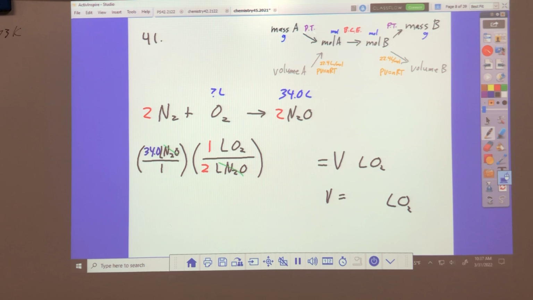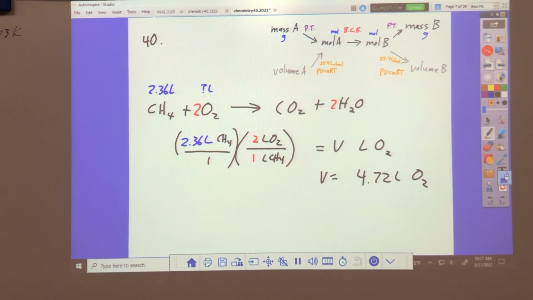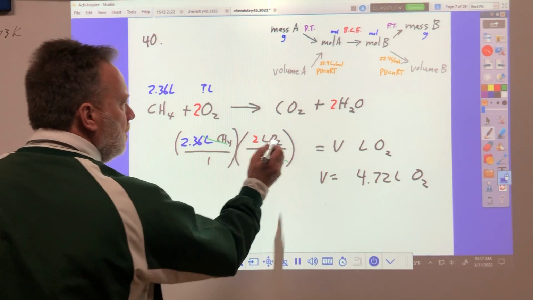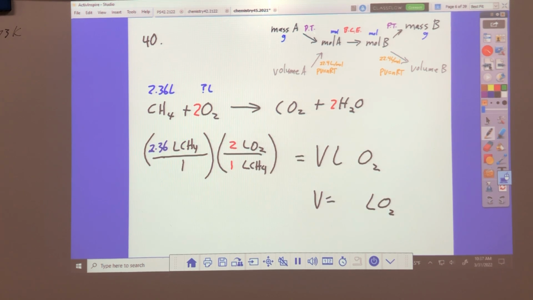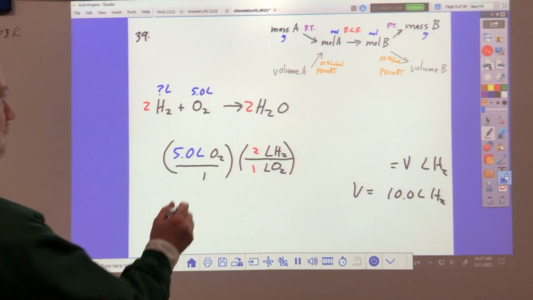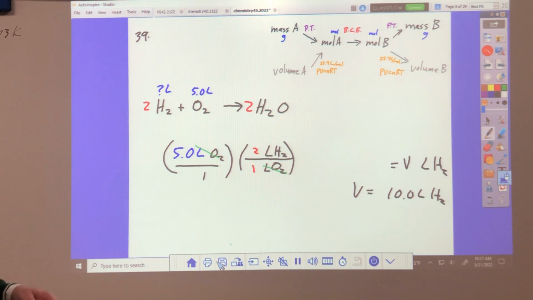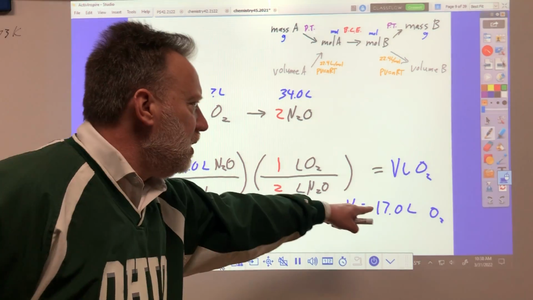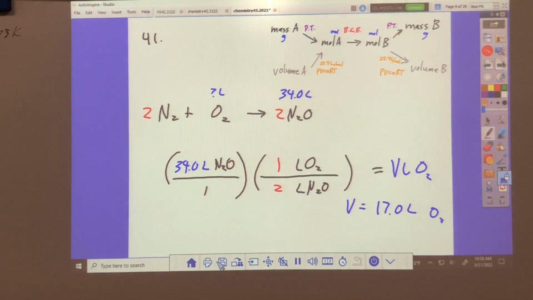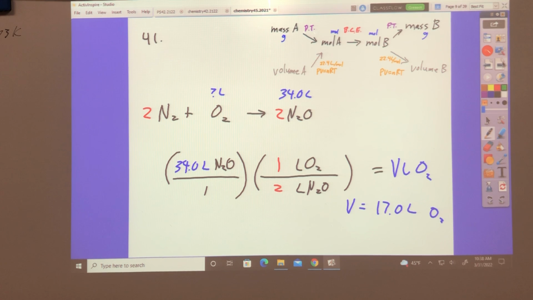So back here on these other ones, you know, these cancel. Okay, back on 39, these cancel. Okay, etc. So the same thing happens. So it should be 17 for this answer. 17 liters of O2. Okay, number 42, we've got to turn some pages here.